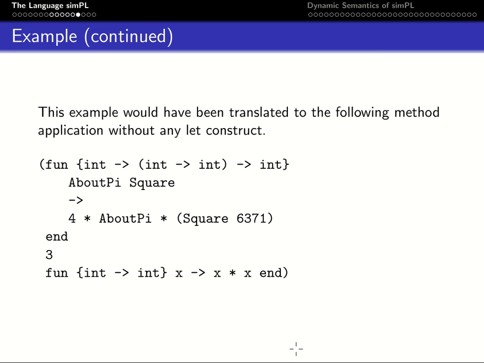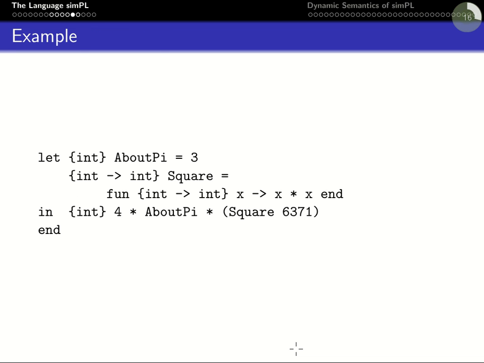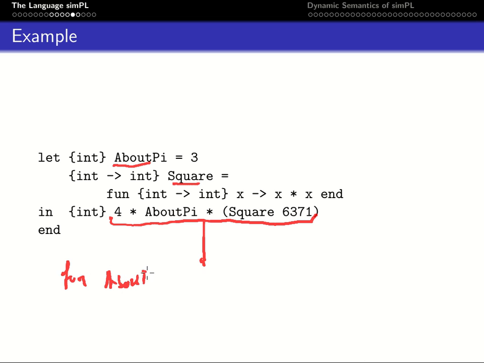Okay. So let's see what's going on here. We have two variables, about pi and square. Square is a function. So what we're going to do is take this expression and put it inside a function, and the arguments are going to be these, pi and square, and this goes here.